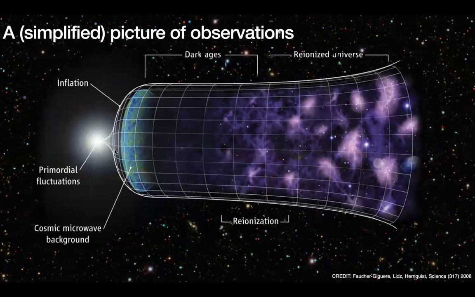There is a surface of last scattering from which we can measure the cosmic microwave background, and then we can evolve that model in time into the late time universe, where we are dominated by a dark energy component, which is causing the universe to expand at an accelerated rate.